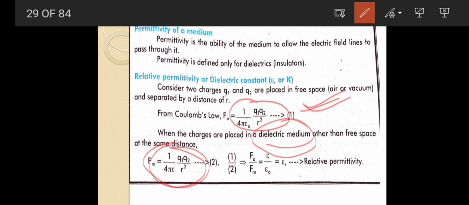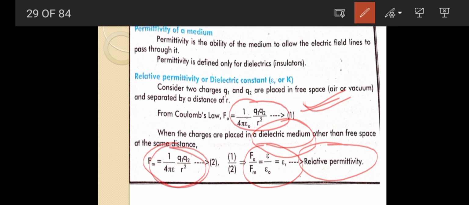If you take the ratio of equation 1 and equation 2, you get the expression Fa by Fm, which is equal to epsilon by epsilon naught, which is equal to epsilon r. Epsilon r is nothing but relative permittivity. Now we can easily define relative permittivity.